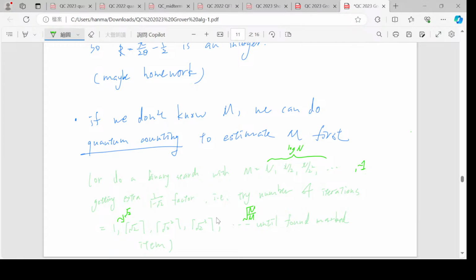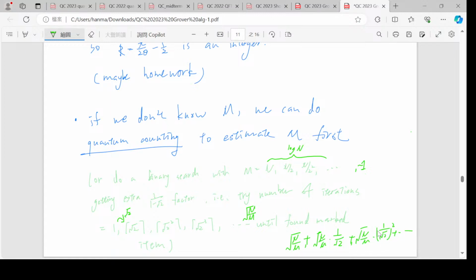Okay, and but we know that if you have a geometric series, so if we think about this series in our direction, it's about square root n over m, then square root n over m divided by 1 over square root 2, plus square root n over m divided by 1 over square root 2 squared.